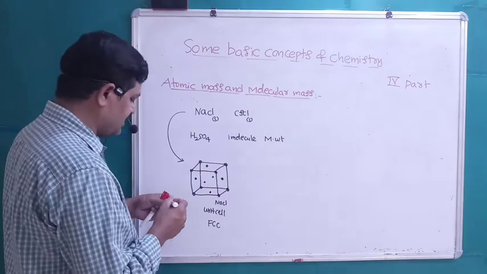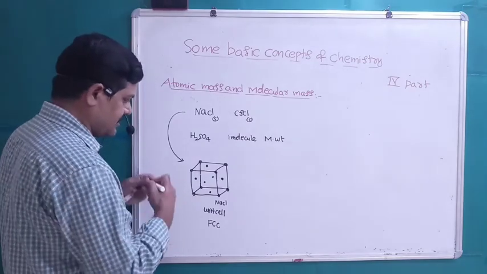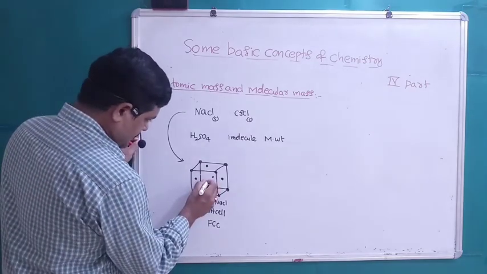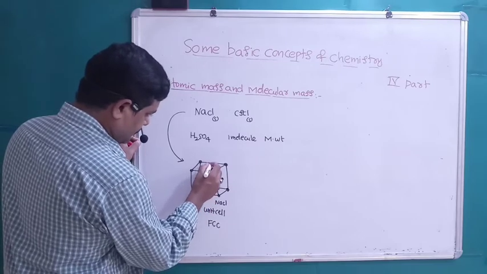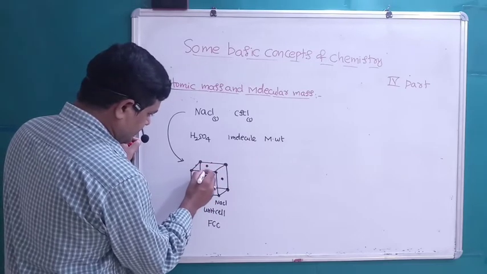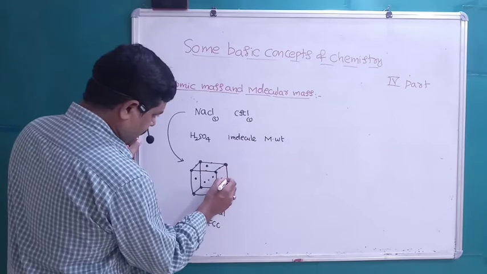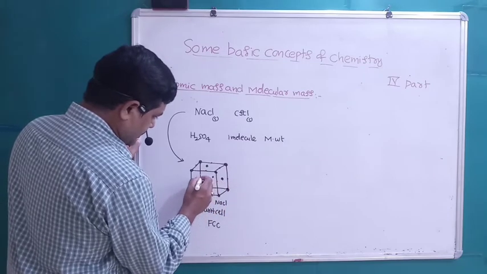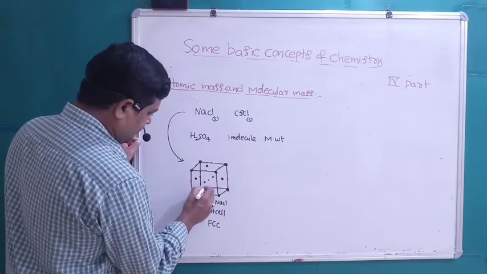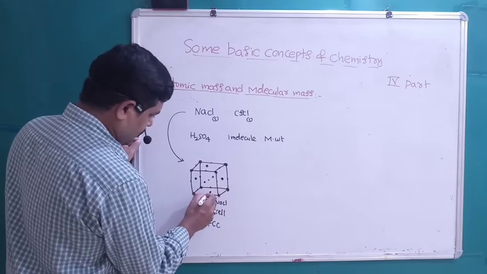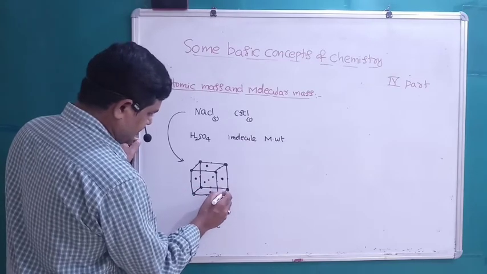I am representing Na plus with the red color. Here, the body center has 1, and all edge centers have 1 Na plus. A cube has 12 edge centers.